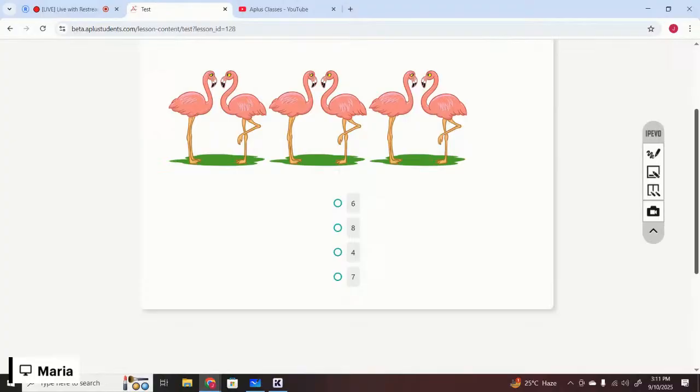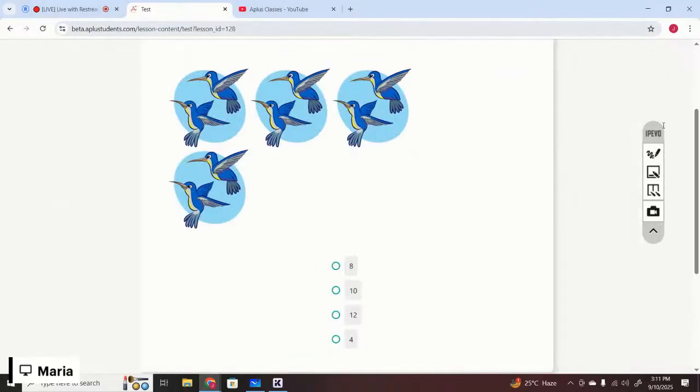So which is the correct option? It will be 2, 4, and 6. The correct option is 6. Option number 1 is the correct option.